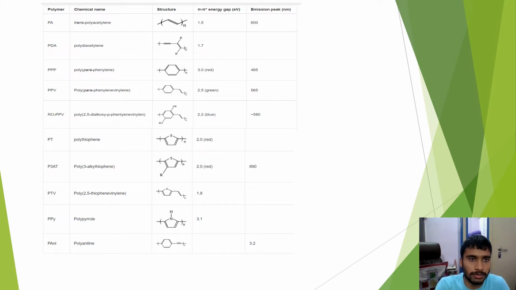These are the types of polymers that are used to make LEDs function far more efficiently according to their properties.